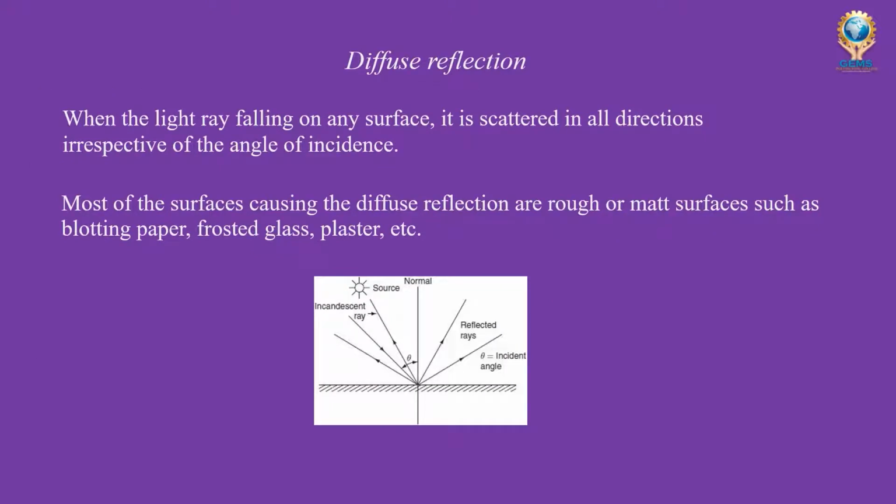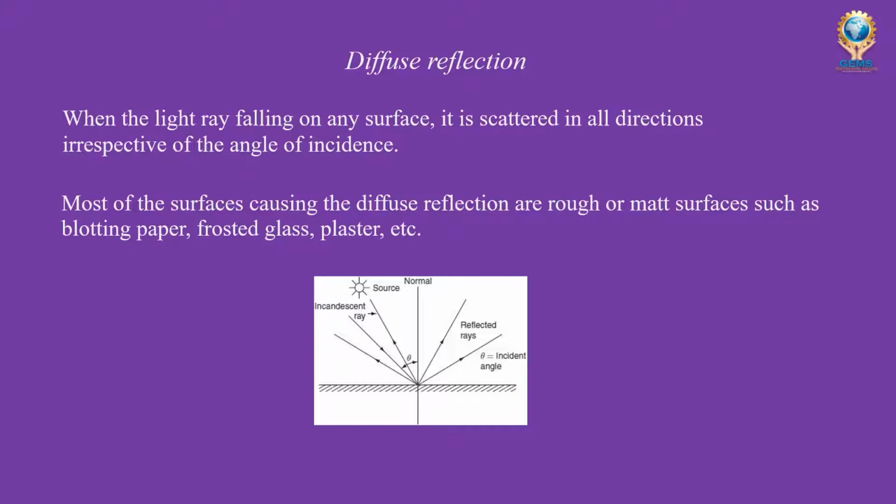The second one is the diffuse reflection. When the light ray falls on any surface, it is scattered in all directions, irrespective of the angle of incidence. You can see in the diagram, the incident ray is coming, but it is scattering in all directions, irrespective of the angle of incidence.